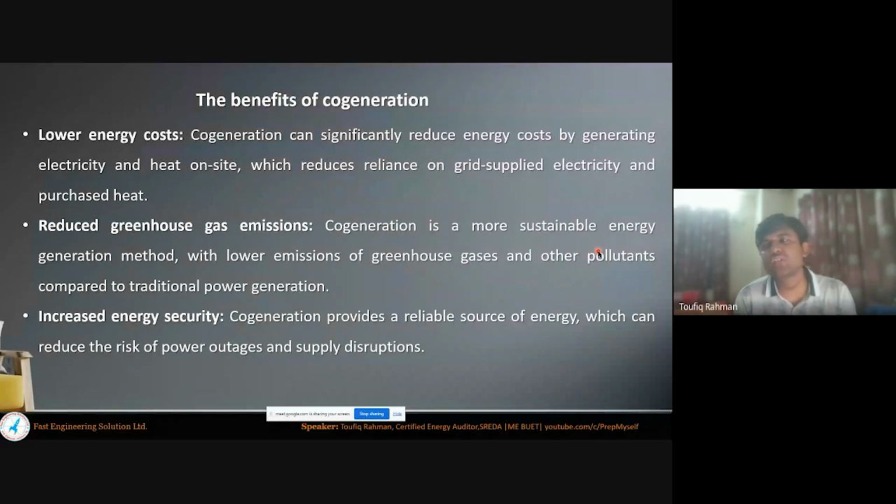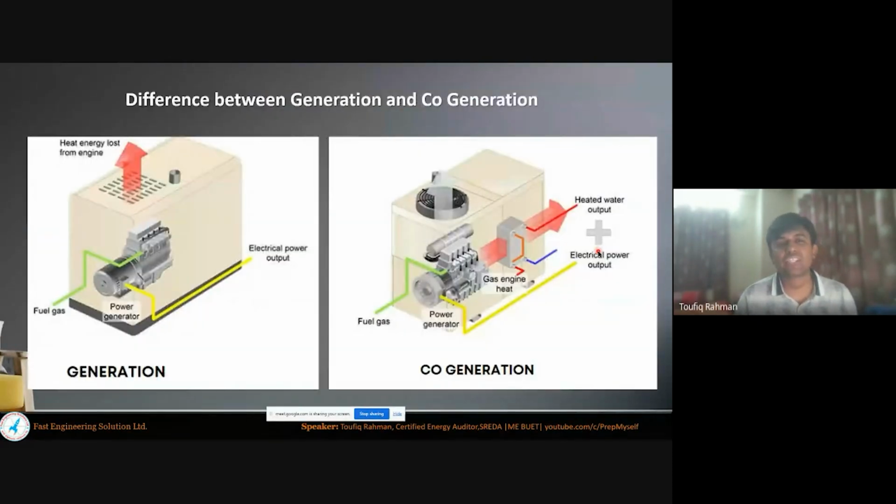So cogeneration means, let's say it's a generator, but as you already know, I talked about it, 100% energy conversion is not possible. Some heat has to go out.